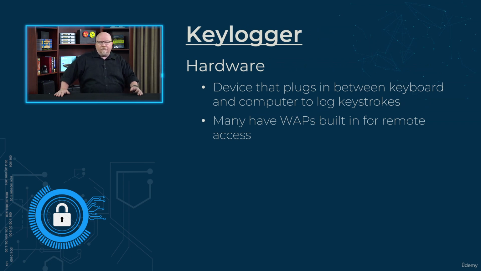And these little tiny dongles, as they're called, can actually capture every key that's being pressed. A lot of these even have wireless access points built into them so that they can remotely, or you might have to be out in the parking lot with an antenna, but you can get those guys to phone home and tell you what that particular computer's been typing.